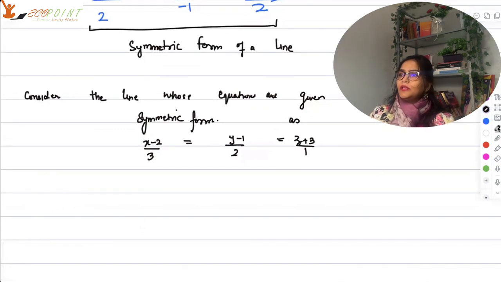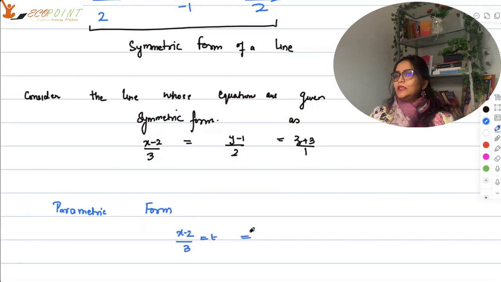So for parametric form, what we need to do: (x minus 2) upon 3 equals t. That implies x is equal to 3t plus 2. (y minus 1) upon 2 is equal to t.